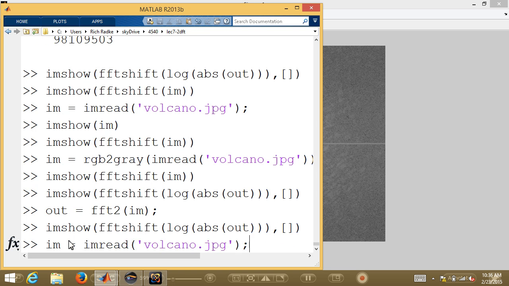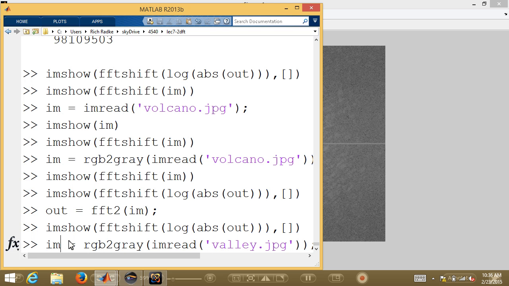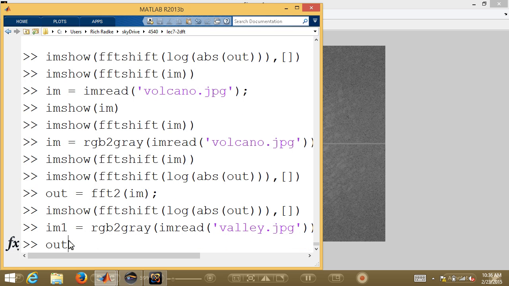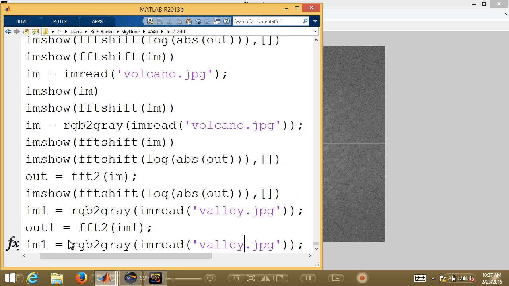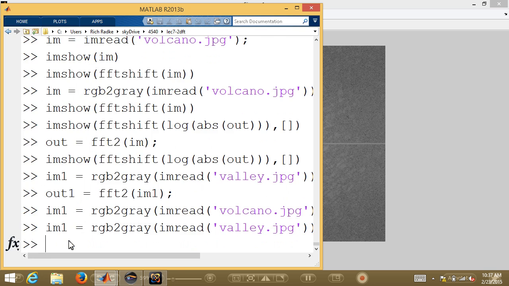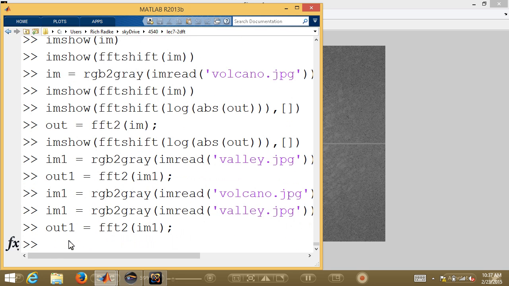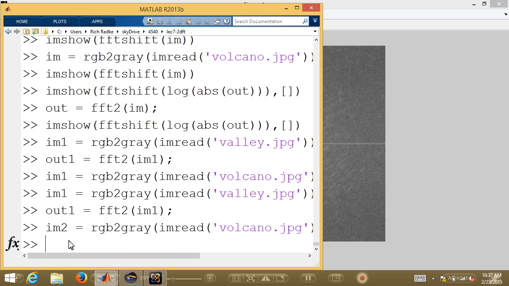My first image was the valley. Let's call that M1. And my next image was the volcano. Let's call that M2, and call this out 2.